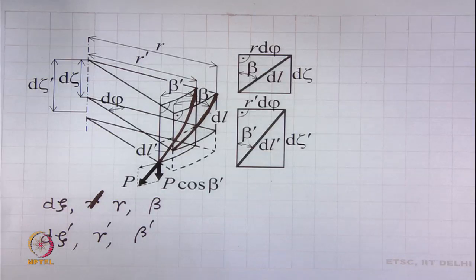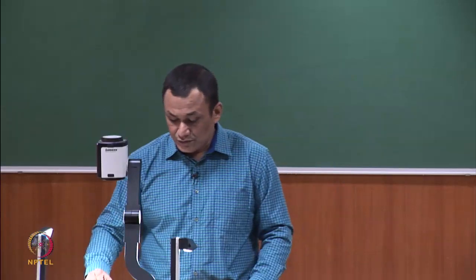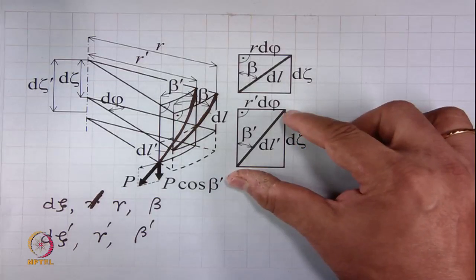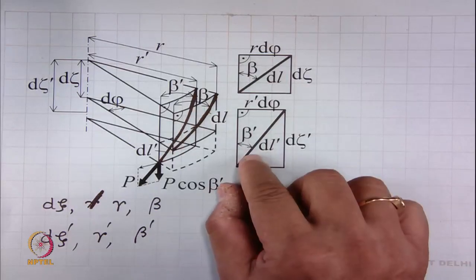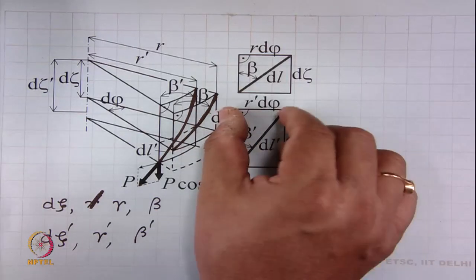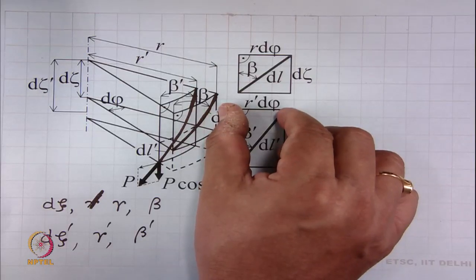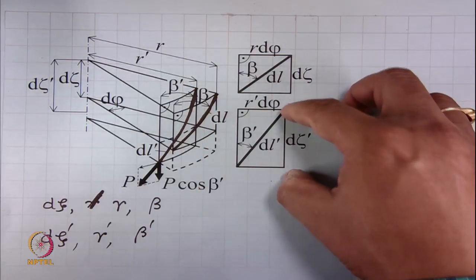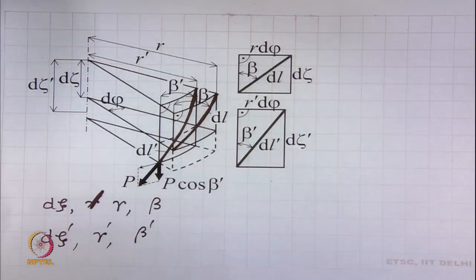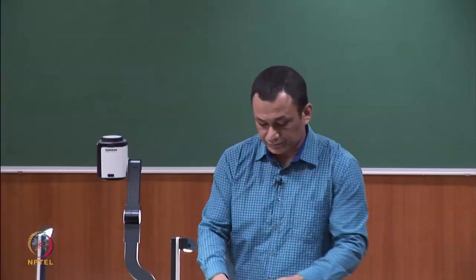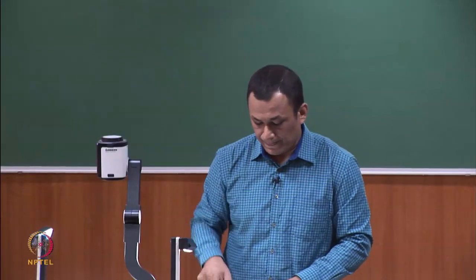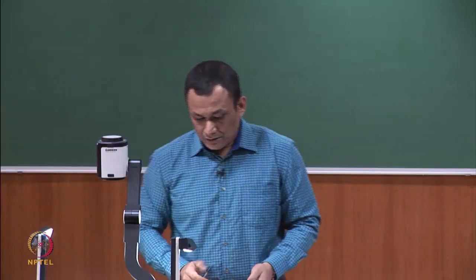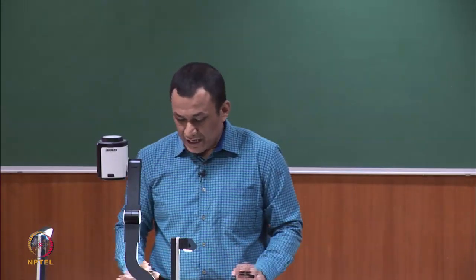After elongation, this fiber element will change its position, this change is shown here: the length becomes dl prime, angle becomes beta prime, as a result the width becomes r prime d phi and the axial distance becomes d zeta prime. So this is about this image.